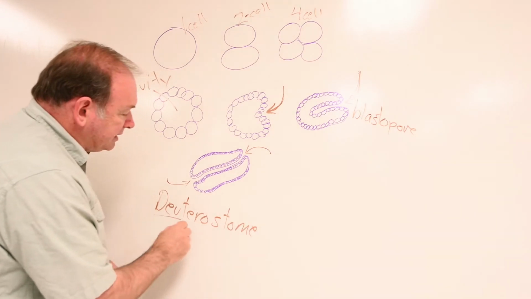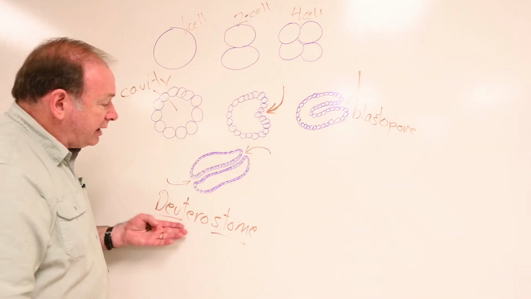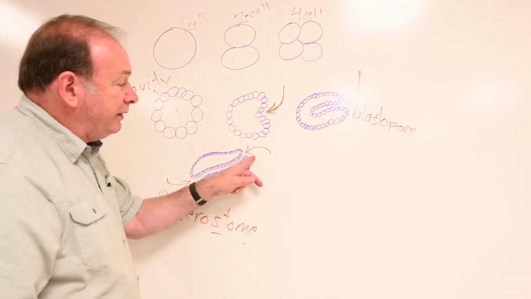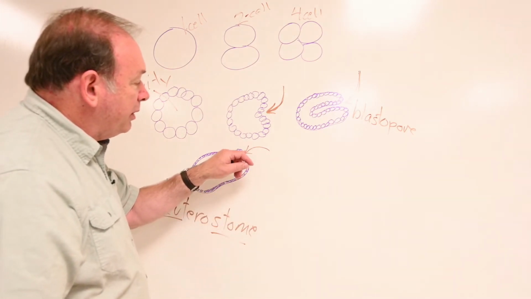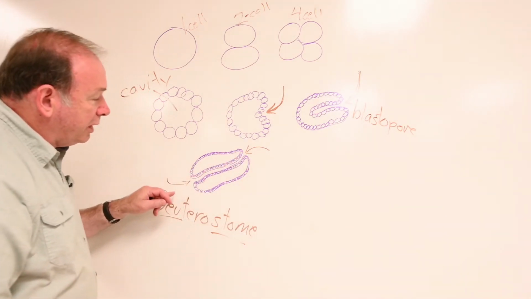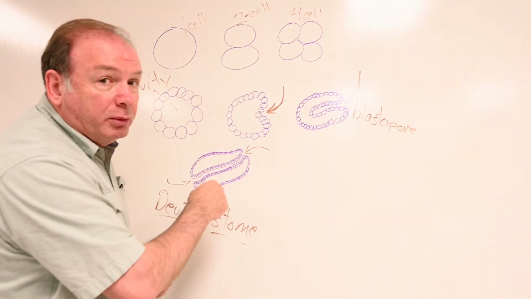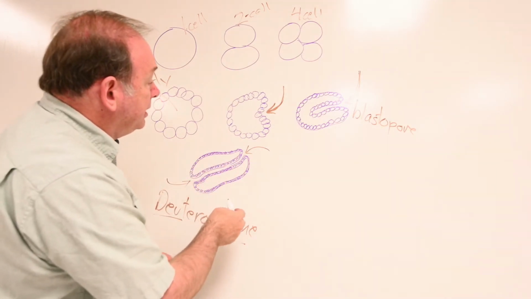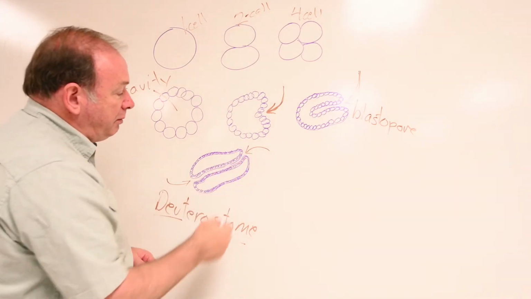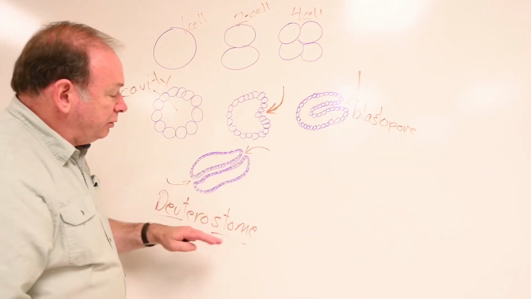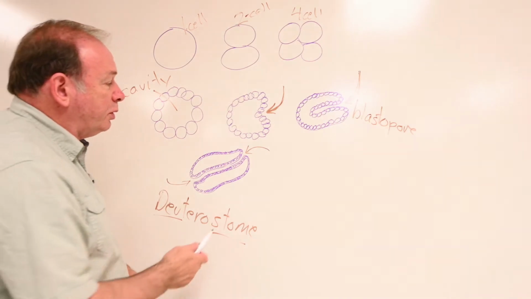The word means second mouth. It refers to the second opening becoming the mouth. If on the other end, this end had become the mouth, and food was to move this way through the animal instead of that way, this would be a protostome animal. Okay? Proto, first, stome, mouth. So it's not a protostome, it's a deuterostome if it's a chordate animal.